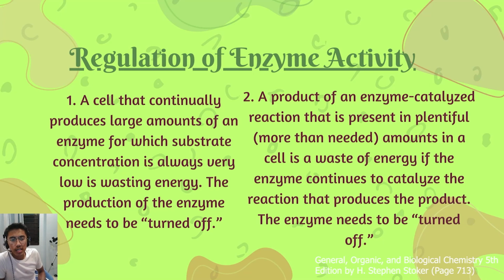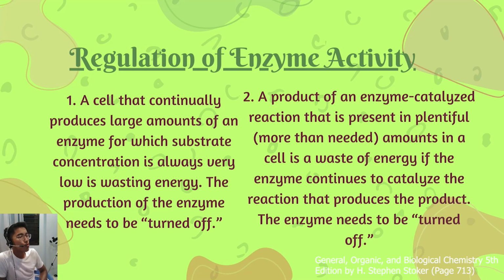Number two is that the product of that enzyme is already too much, and we can actually see this in glucose pathways. If there's enough ATP, enough energy, enough products, we don't need those enzymes anymore. So we're just really wasting energy, and we just need to turn them off.